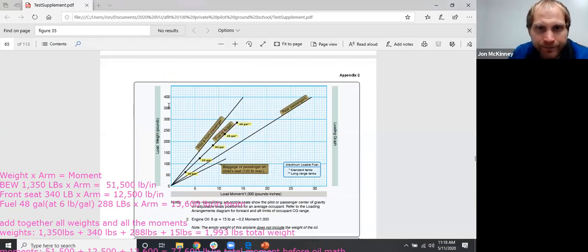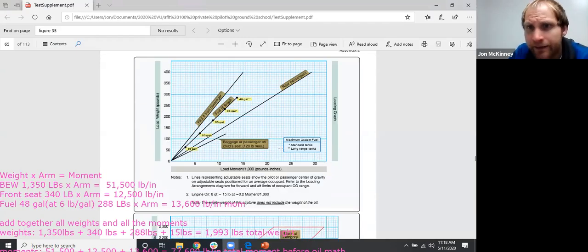And what I would correct us on is this note here. We all need to read the notes. Maximum usable fuel for the standard tanks is the single star, which is 38 gallons right there. So at 38 gallons, straight over here is going to be our weight, and then straight down is going to be our moment.